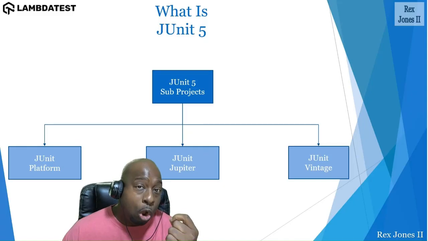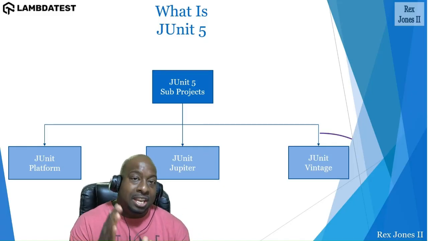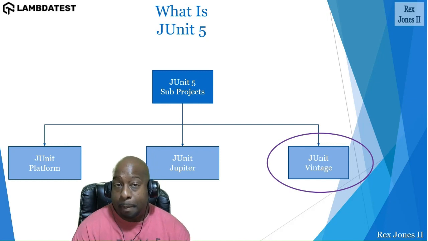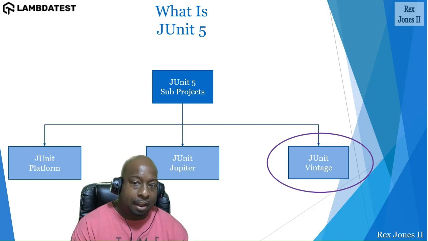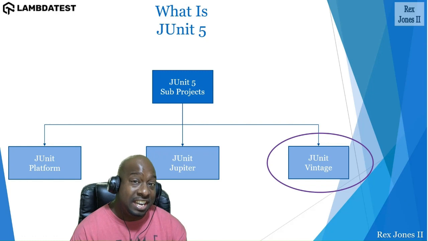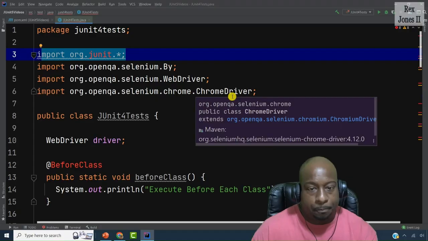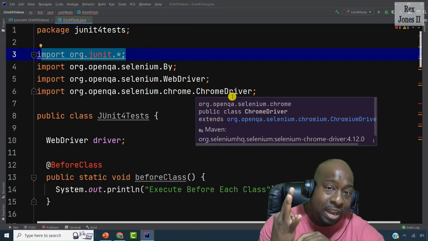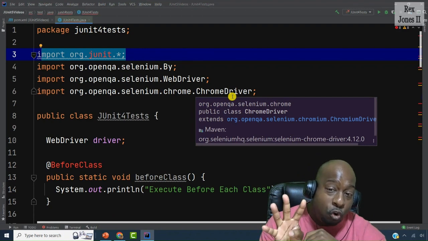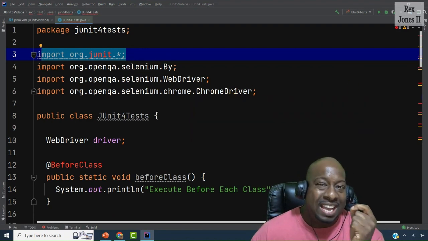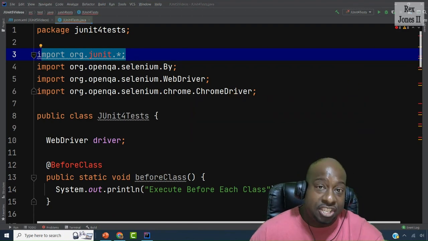Now, recall from the introduction, JUnit Vintage is a sub-project for JUnit 5, and it has a test engine. The test engine runs JUnit 3 and JUnit 4 test scripts. So that's all we need to execute JUnit 4 is the JUnit Vintage.